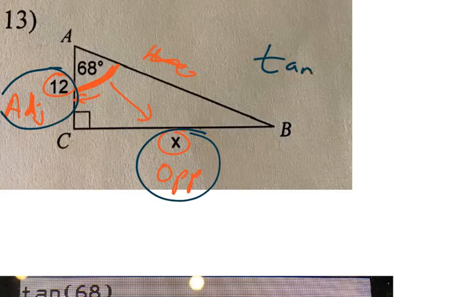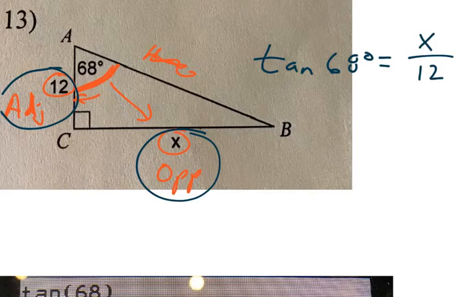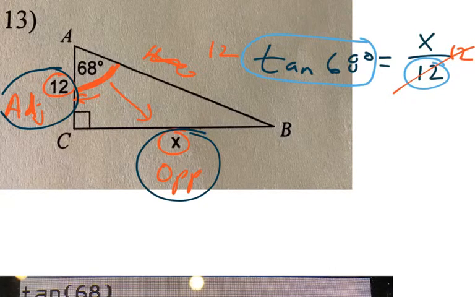So I know that the tangent of our angle, which is 68 degrees, equals the opposite over the adjacent, which is 12. To get rid of the divide by 12, I'm simply going to multiply both sides by 12. And that's going to give me x, right? So x is going to equal, let's go to my calculator work here.